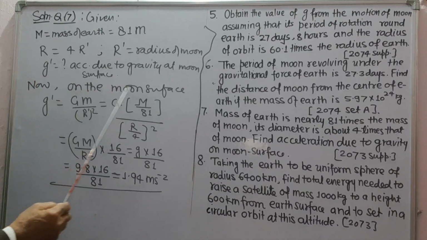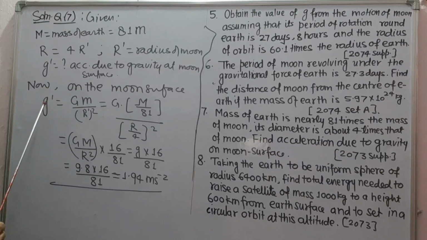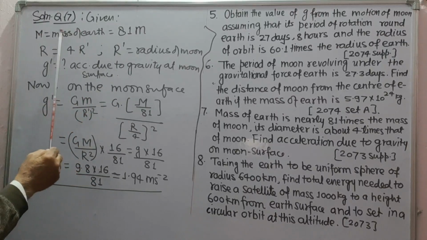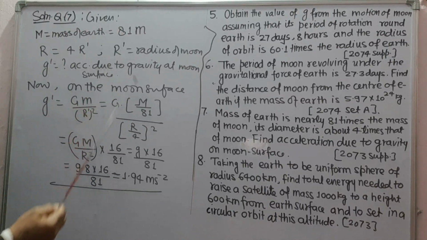Now, on the Moon surface, acceleration due to gravity will be g dash is equal to G into mass of Moon upon radius of Moon square. It can be written as small m is equal to capital M upon 81 and R dash is equal to R by 4.